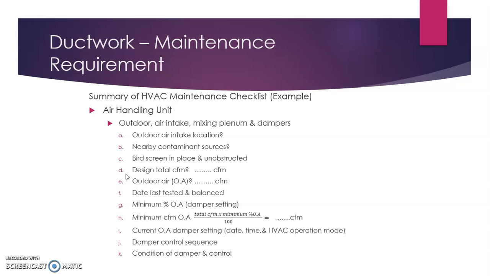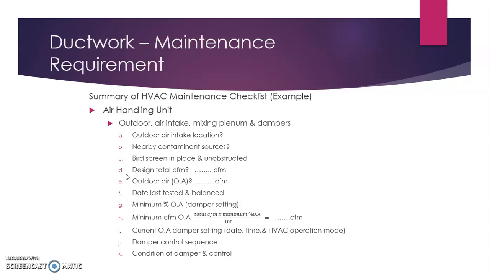Is the bird screen in place and unobstructed? You have to make sure the bird screen is located and in good condition. We are afraid of birds coming into our ducting system and our fresh air system.